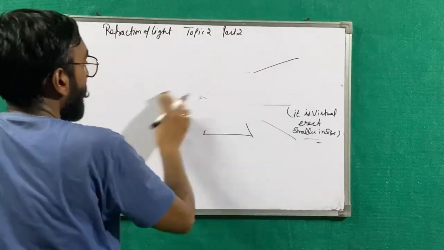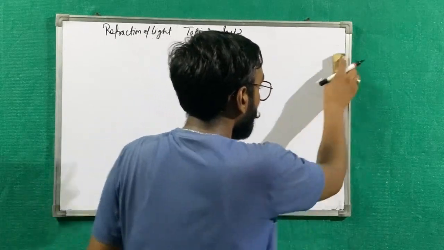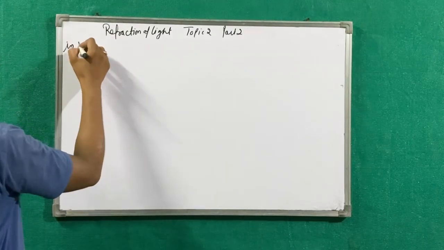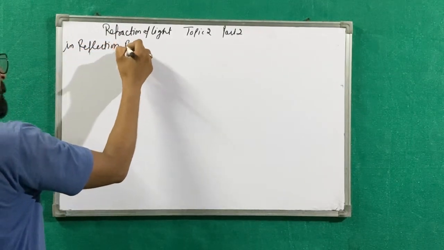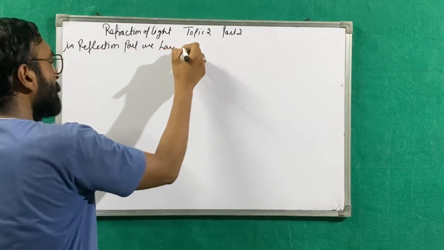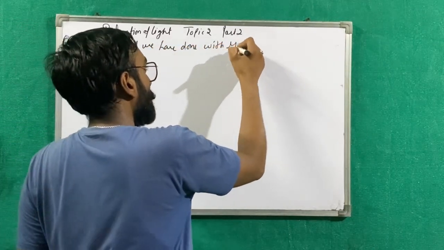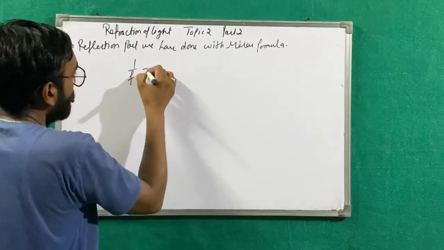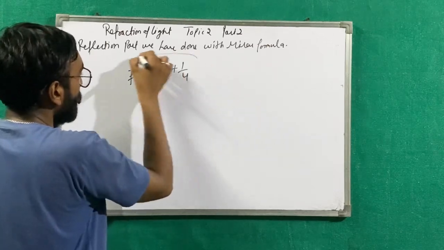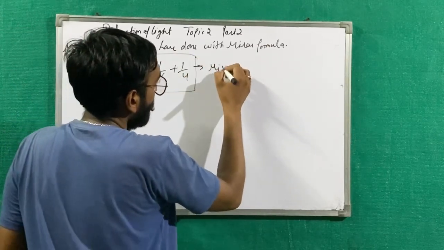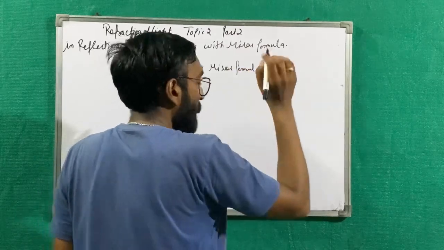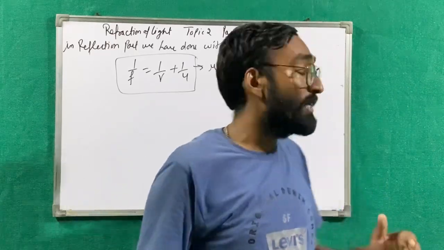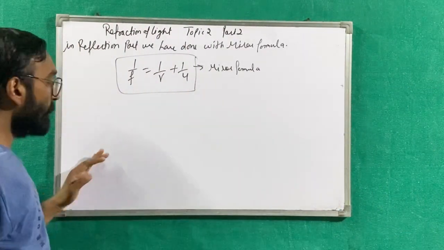As we have done in mirror, in the reflection part we have done the mirror formula, which is 1 by f is equal to 1 by v plus 1 by u. So this is our mirror formula, by which if we have two quantities, we can calculate the third quantity.